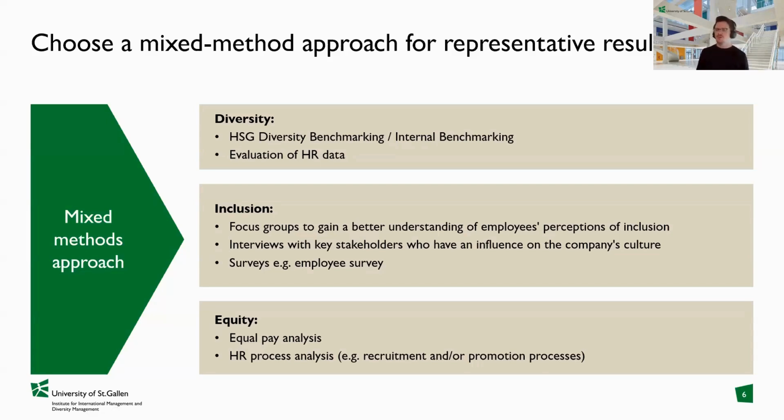Each company has employee data available, and that's already a good start. So you can already see, for example, which group of employees is maybe more likely to leave the company, which group is more likely to get promoted, etc. So that's one thing you can do by yourself.